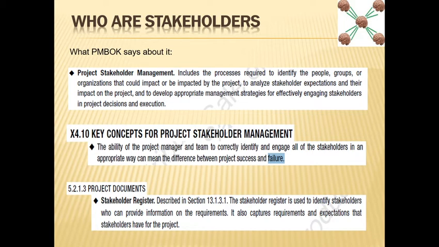Just for example, if you have been given a project of making a road, you need to identify the people who may be impacted when you are building that road. Maybe some person's home is very near to it, and because of the construction, he may not be able to come out of his home. So you need to inform him that at this day and time I will be making this road, so you need to take care.